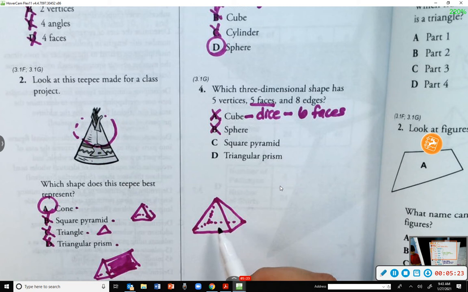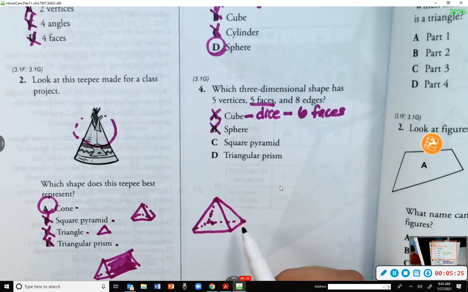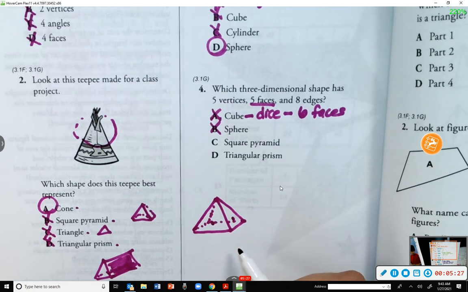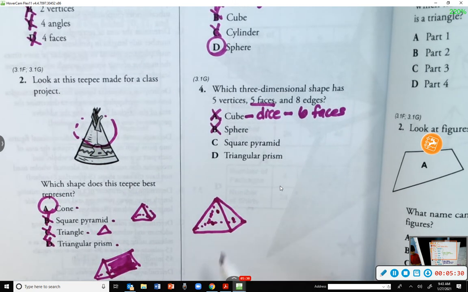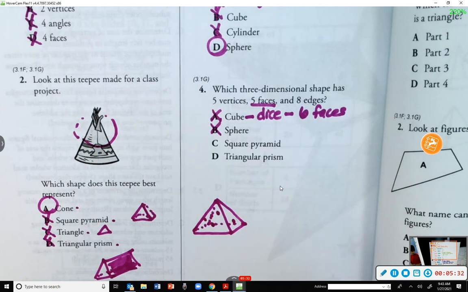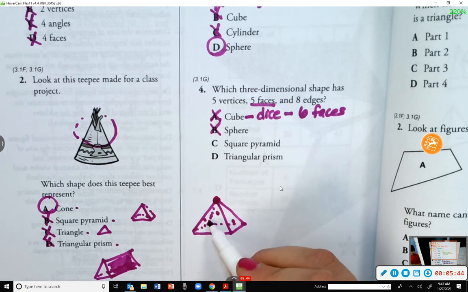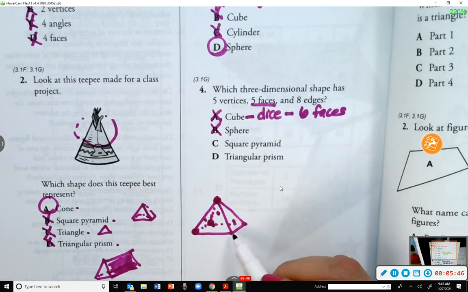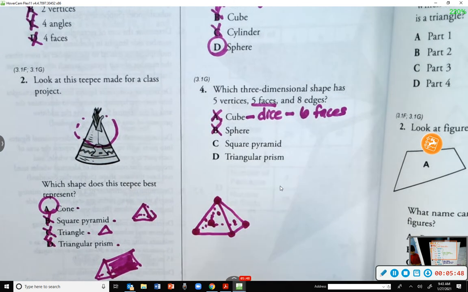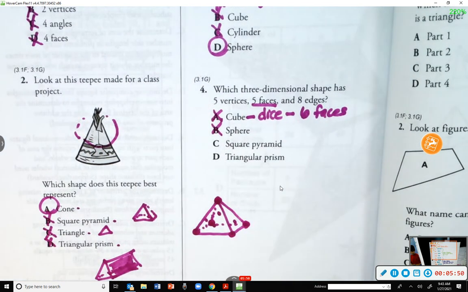And now the sides. The front is 2, the right is 3, the back is 4, and the left is 5. So far we're good. Now let's count the vertices. Where do I count vertices? Bryson? Where the lines meet. Good. So 1, 2, 3, 4, 5. So it still is good.